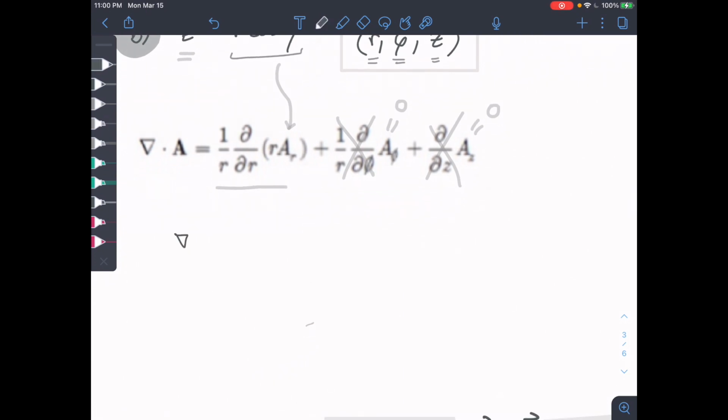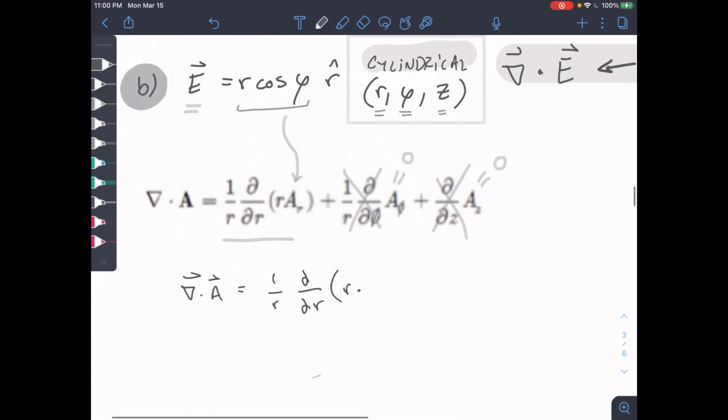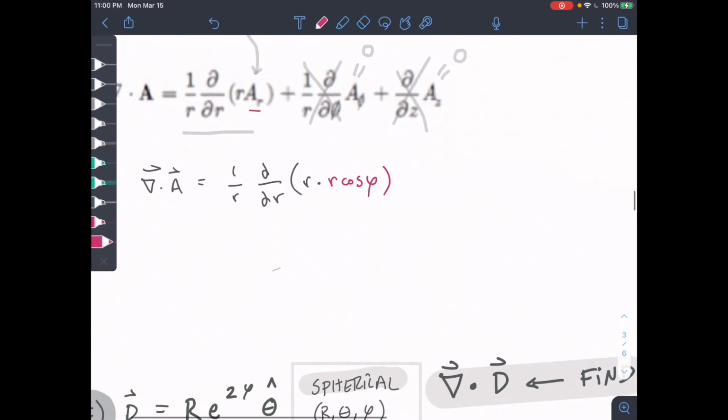Okay, so we're going to end up with, for r, the partial with respect to r of r multiplied by our expression here, r cosine of phi, okay, because that's our AR, our magnitude. Okay, so like I said before, the pieces that you have in the parentheses, you have to do the partial derivative with respect to that first.